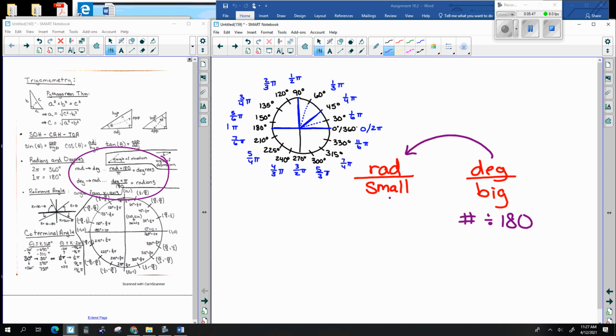Or if I want to turn a small number into a big number, I would multiply by 180. That's generally what you do to make this conversion. Then it's up to you just to not mess up. Radians will have pi's, degrees will not have a pi attached to it, so to speak.